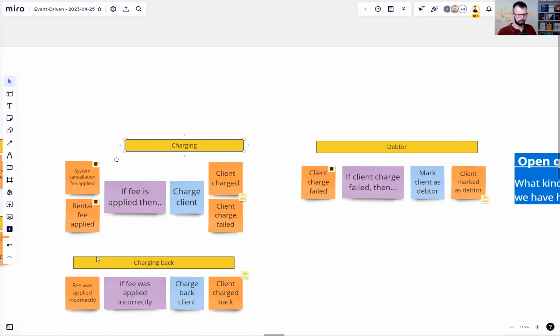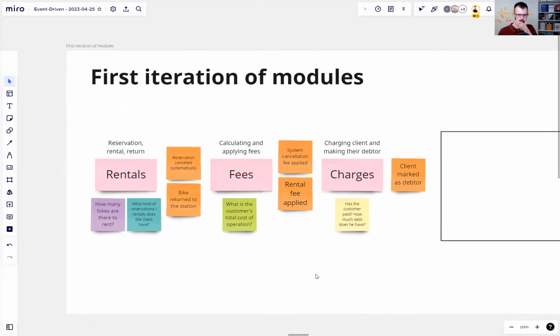We are just listening for the data and building something out of it. It might be the same module, but not always. At least that's my heuristic.